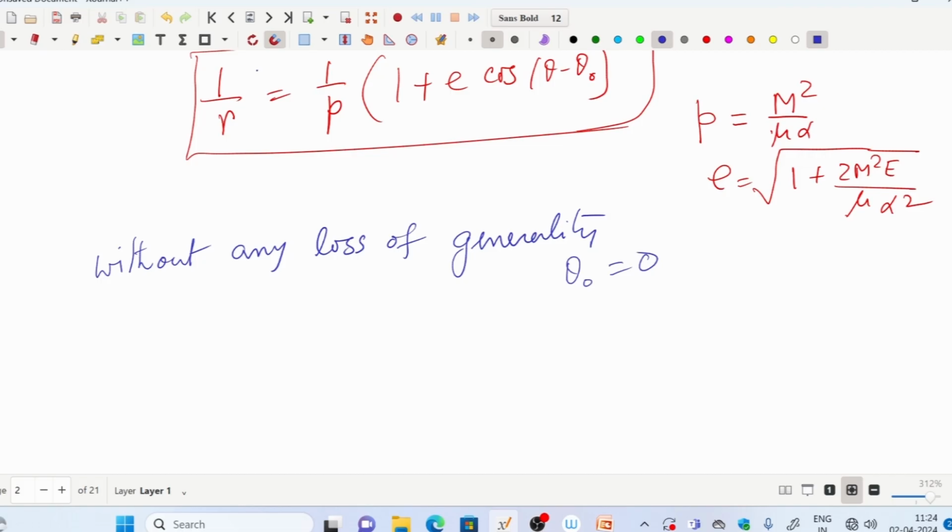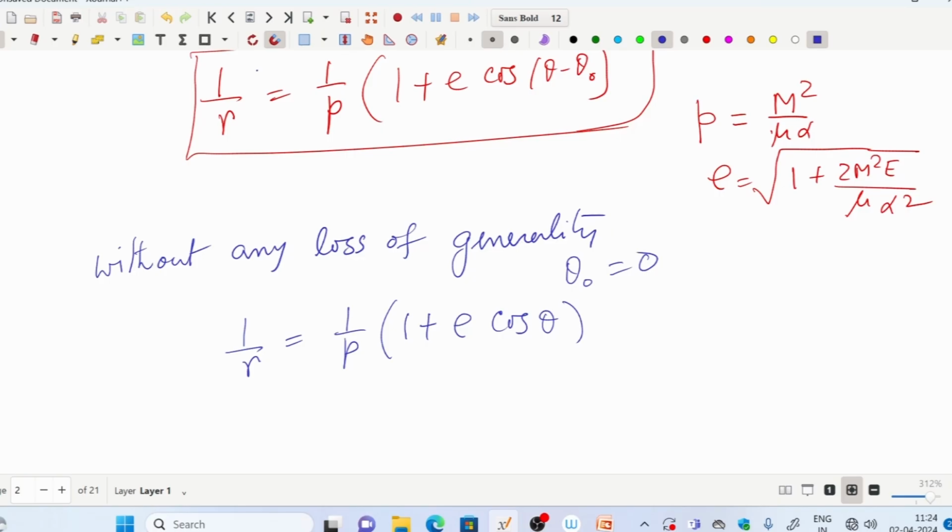Okay, so let us simplify this further. 1 over r is 1 over p, which is defined as M squared by mu alpha, times (1 plus e cos theta), where e is defined as the square root of 1 plus 2 M squared E by mu alpha squared.